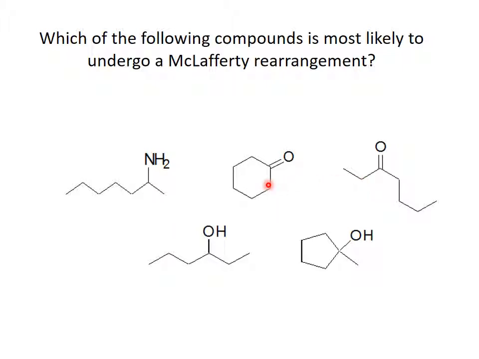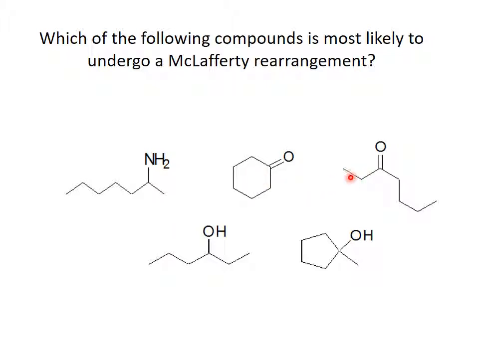For a McLafferty to occur, you have to have a carbon that is 3 away with a hydrogen on it, so it can make a 6-membered ring, hydrogen bonding over to the oxygen. There is no carbon that can come up this way on cyclohexanone, and so this cannot do a McLafferty.